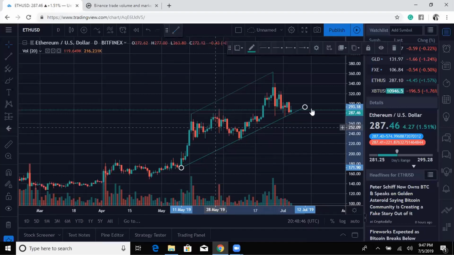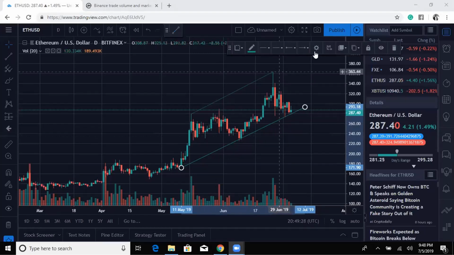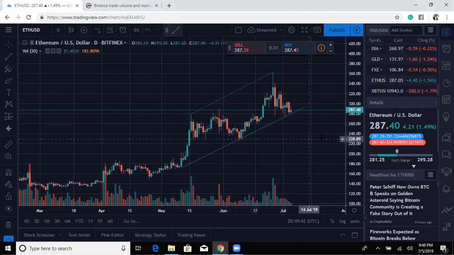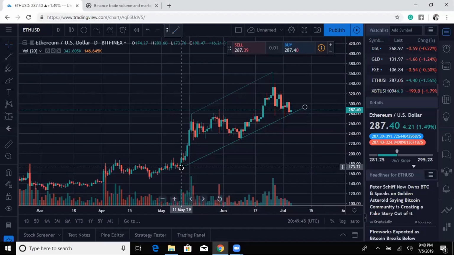All right, like we were saying about the trend lines, the reason why you make use of trend lines when you're trading is because you want to spot the significant point where price action is taking place. And so here, this trend line that you've just seen me draw, price action is taking place here at this point, and then at this point, and then at this point, and then here.